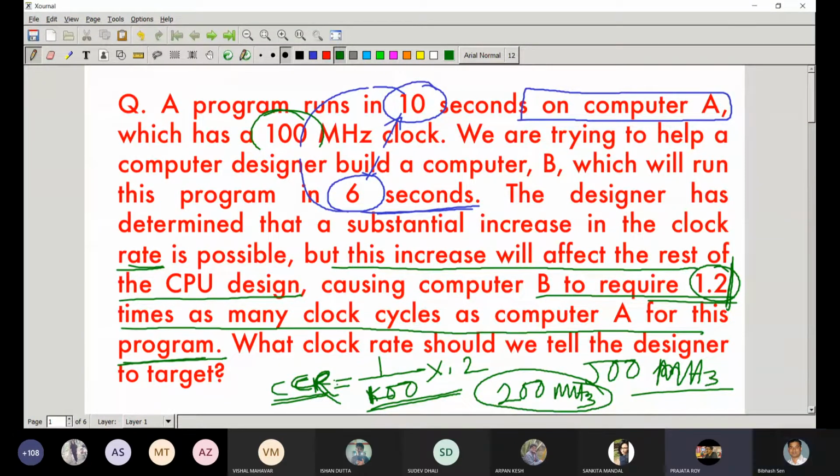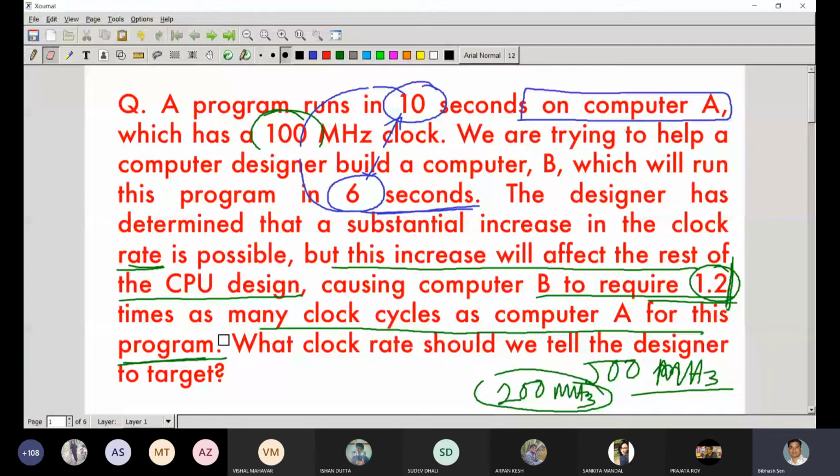I'm calculating that only, sir. So you're getting approximately, yes sir. You are guessing to a great extent. The answer is very close to your answers. Then why are people guessing? You should answer it properly.